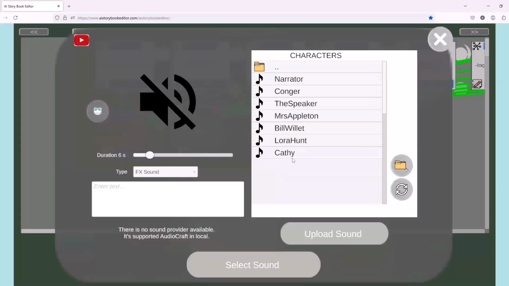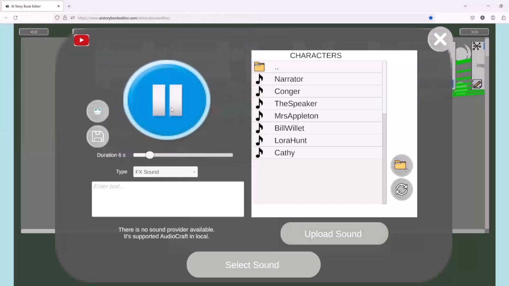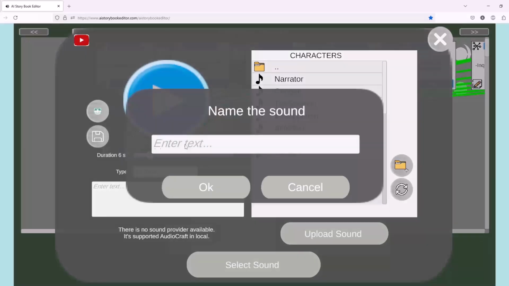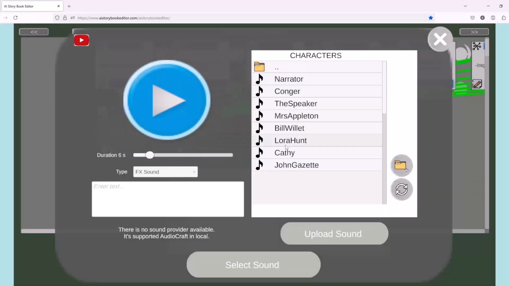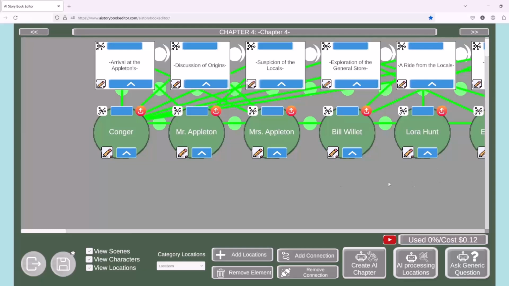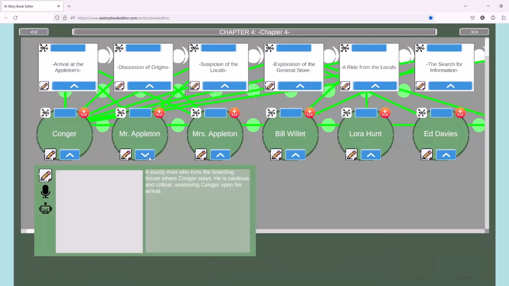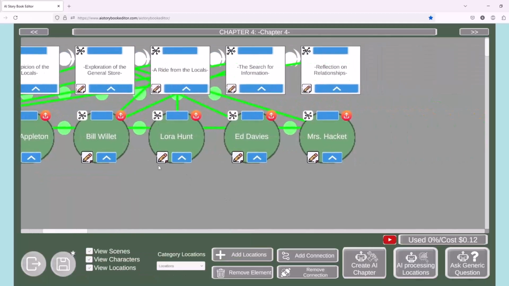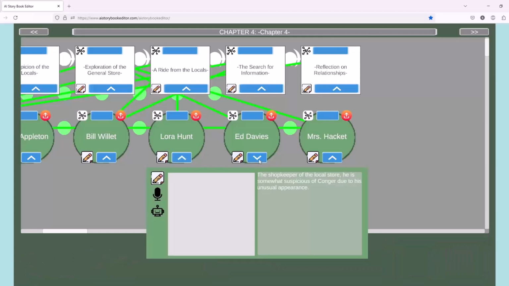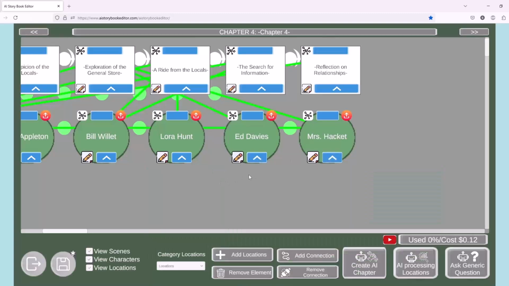And for John, let's go with this one. Next, I think that Mr. Appleton doesn't talk, even though it is referenced. Ed Davis and Mrs. Hatchett. We are going to add voices.